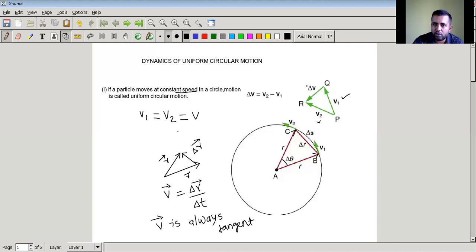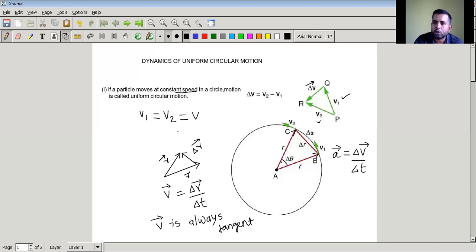The change in velocity is in this direction, which is towards the center. We all know that acceleration is change in velocity by time. So it turns out that acceleration is always pointing towards the center.